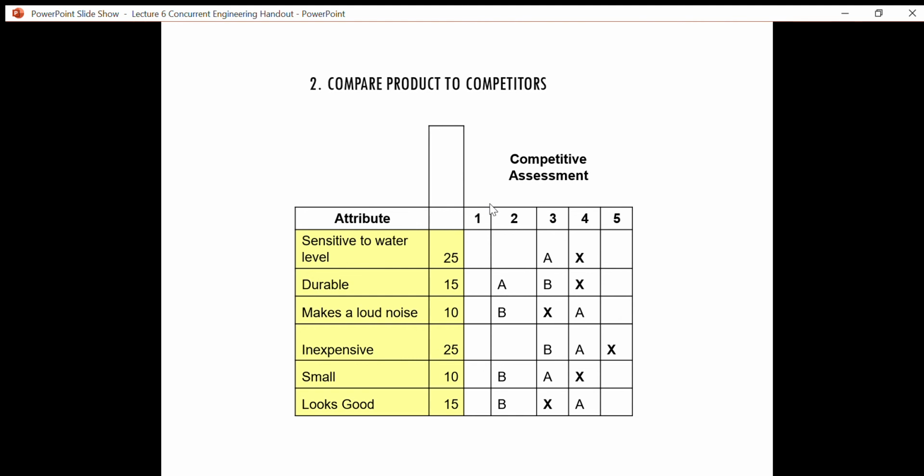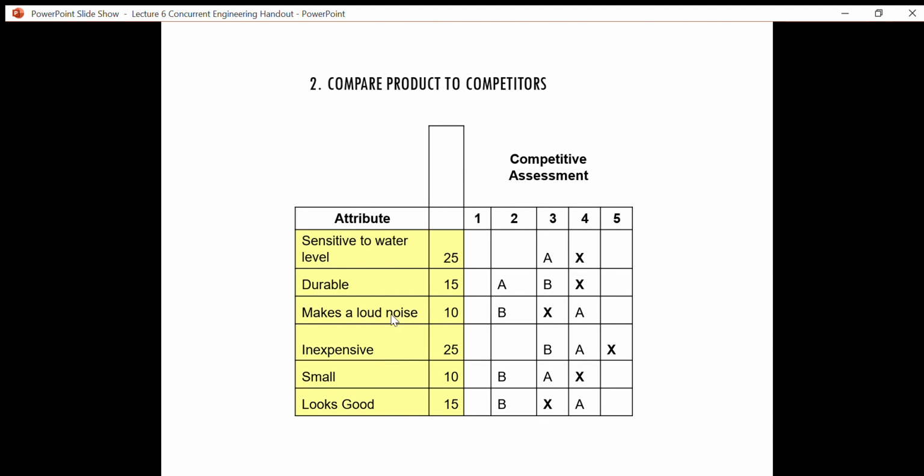In this case we just use levels 1 to 5. For company A in the market, they are at level 3, but for us, because this is priority 25, higher in the market survey, we want to focus on this, so we put our target at level 4.